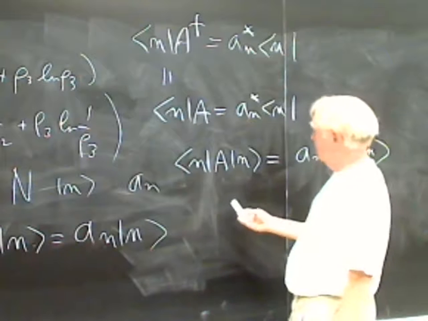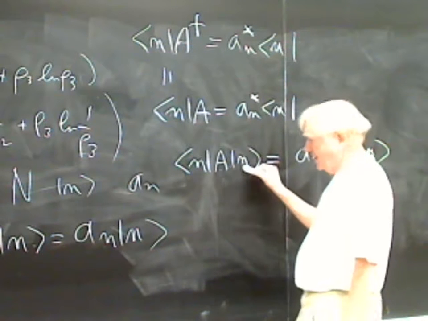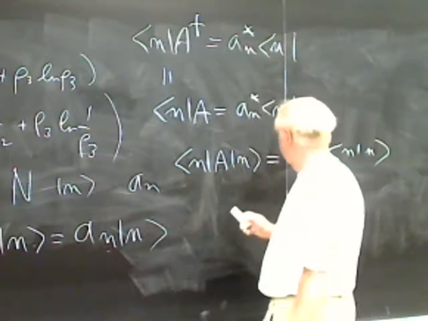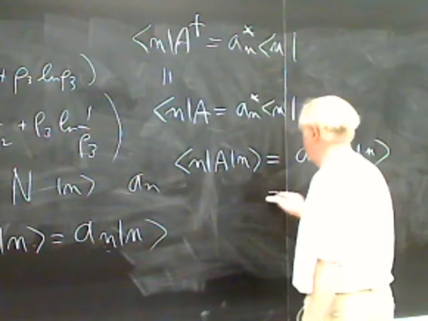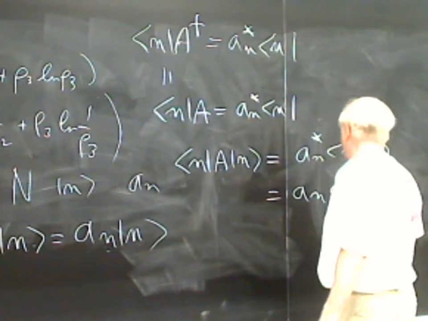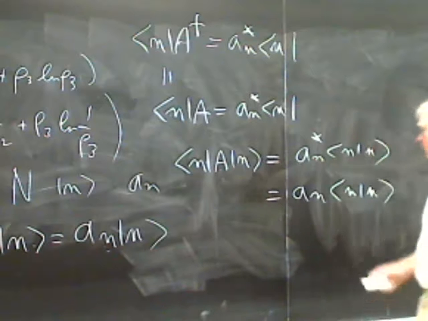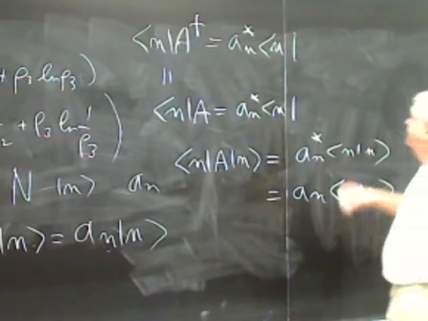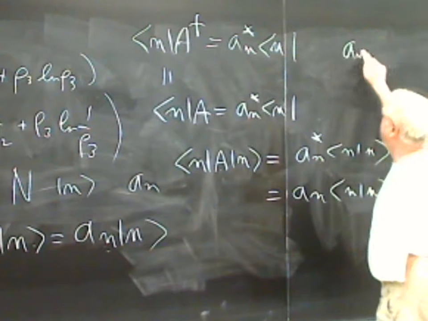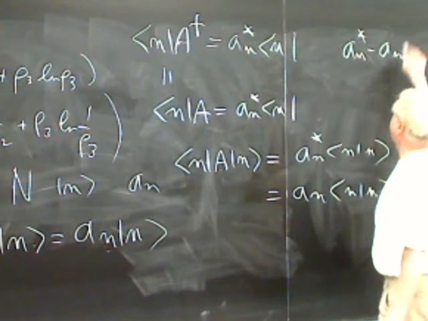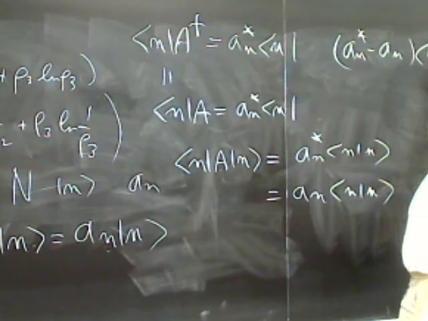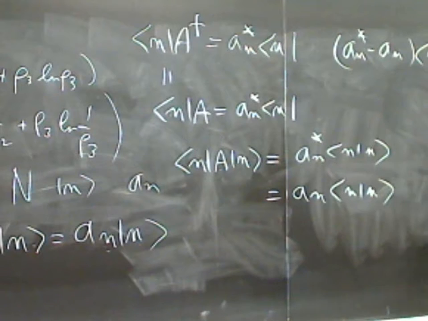But on the other hand, A on |n> is a_n|n>, so this is also equal to a_n<n|n>. Well, this tells us then that (a_n* - a_n)<n|n> is 0.